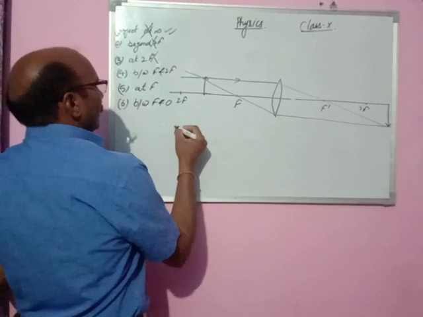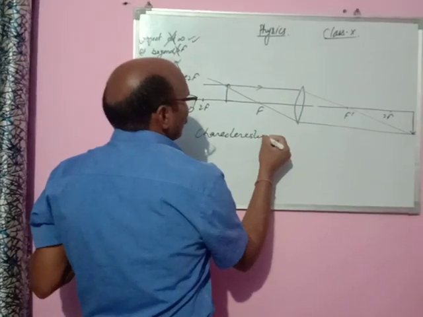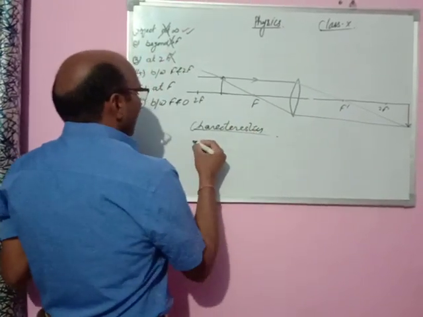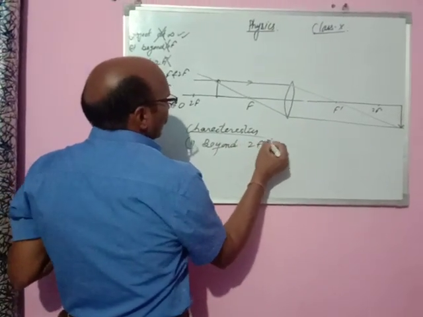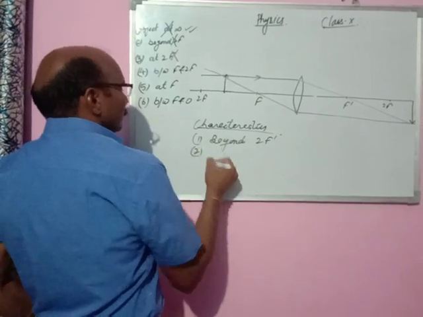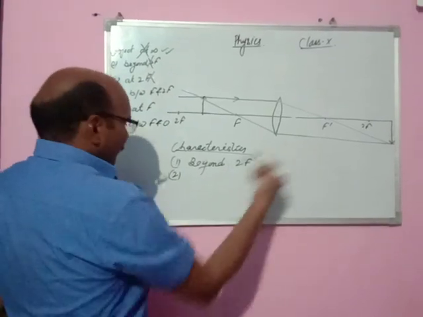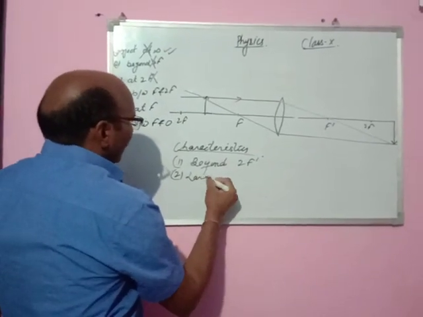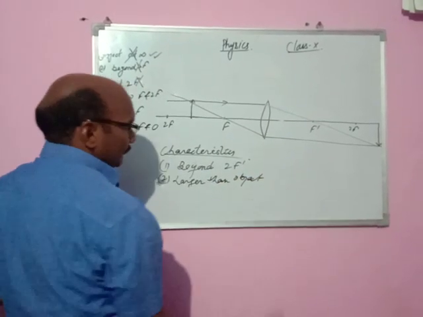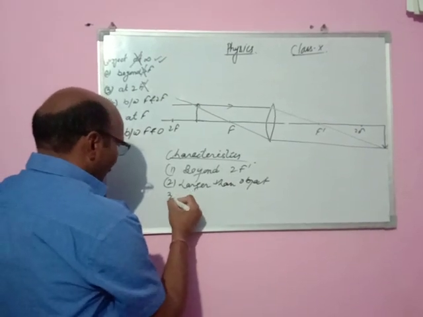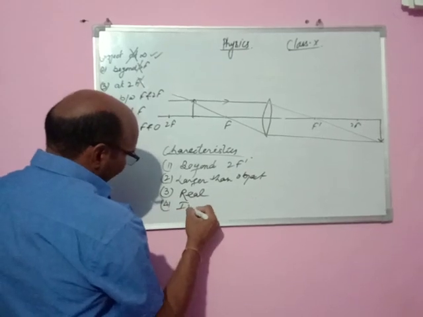Now the characteristics of the image. The image will be beyond 2F dash, larger than the object, real, and number 4, inverted.